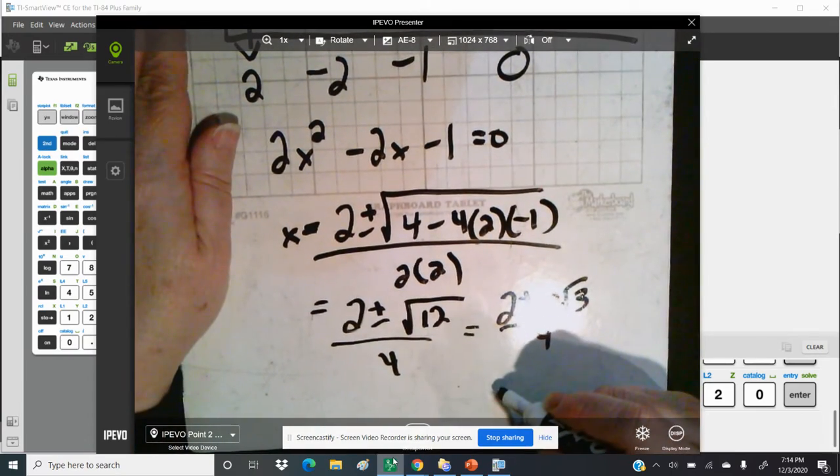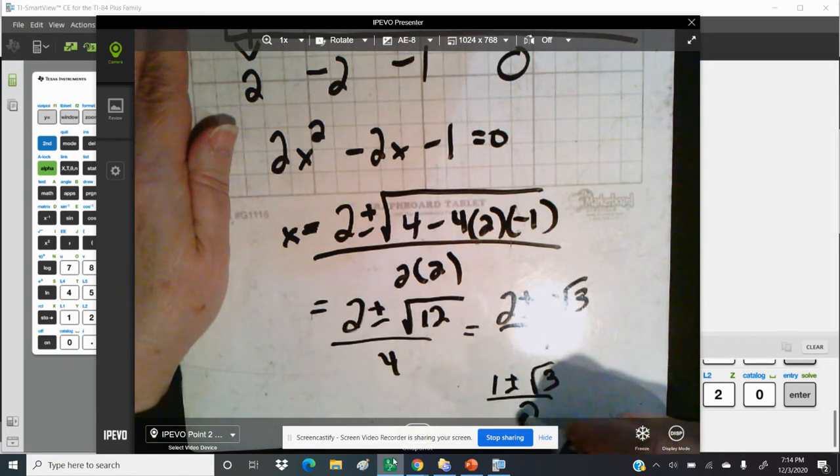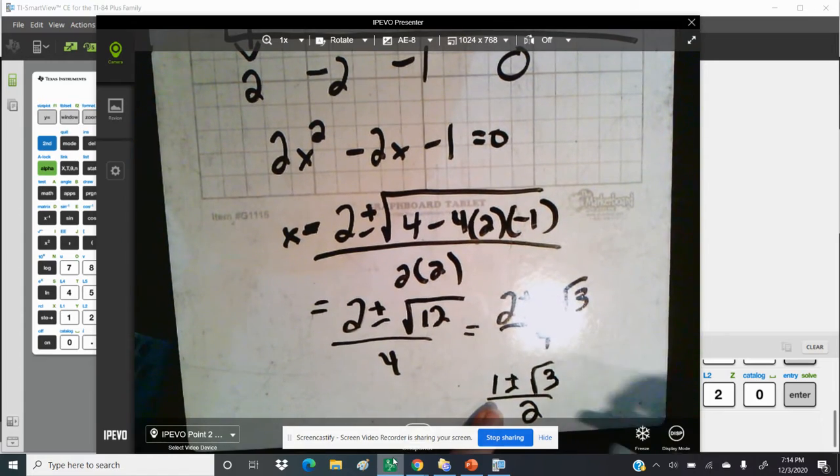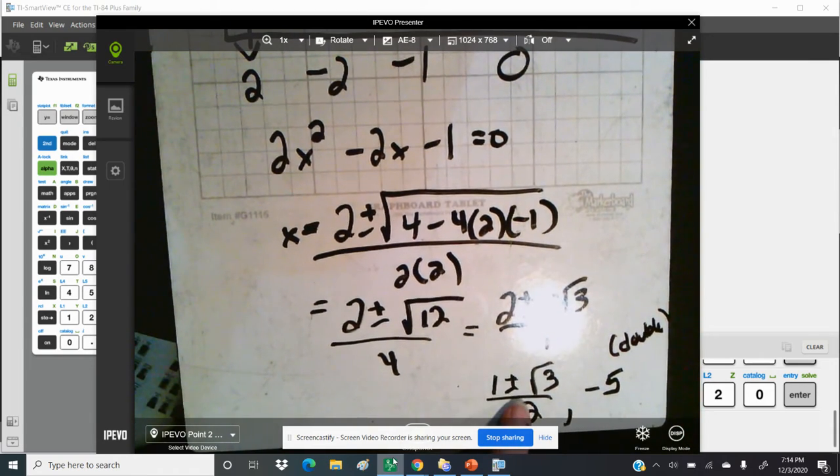So therefore, it would be 1 plus or minus the square root of 3 all over 2. So that's one of my answers, and -5 is my other answer, and it is a double root. Now, I believe on the answer key, I forgot the 2 in the denominator, but this would be the correct answer.